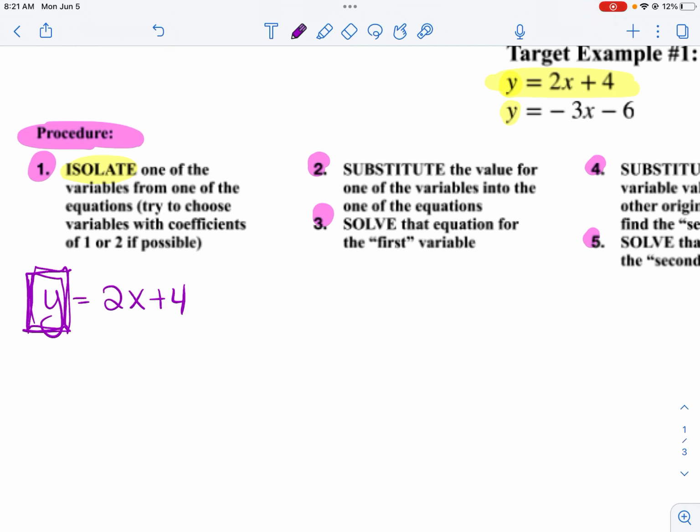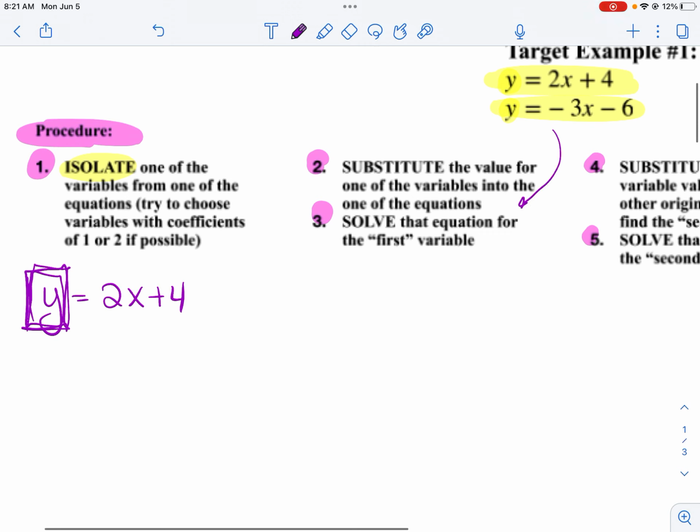So now, because it's a system, we need to use both equations. So now I'm going to take this second equation and use it for step 2. So I'm going to write that down, y equals negative 3x minus 6. And again, I'm going to put a box around the same variable, okay?